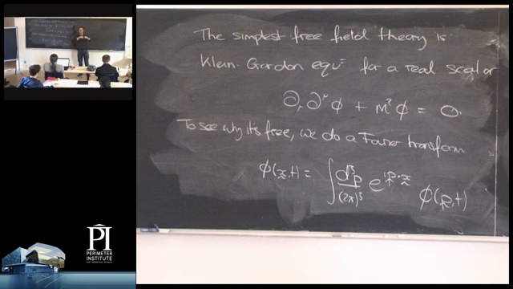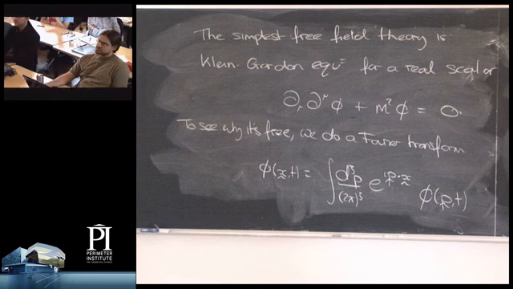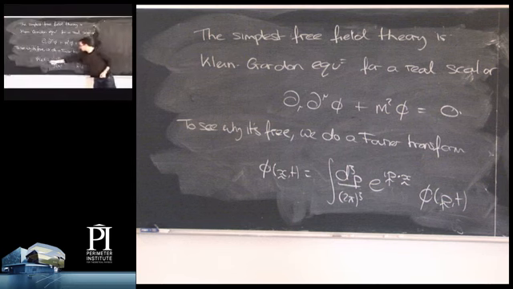Given phi of x, you decompose it into something that wobbles this quickly and something that wobbles this slowly. So it's the usual p in that sense that appears in all Fourier transforms. Thank you. It's basically a relabeling of x in a way that gives you that information. Not a relabeling, but a reshuffling of how this function is.